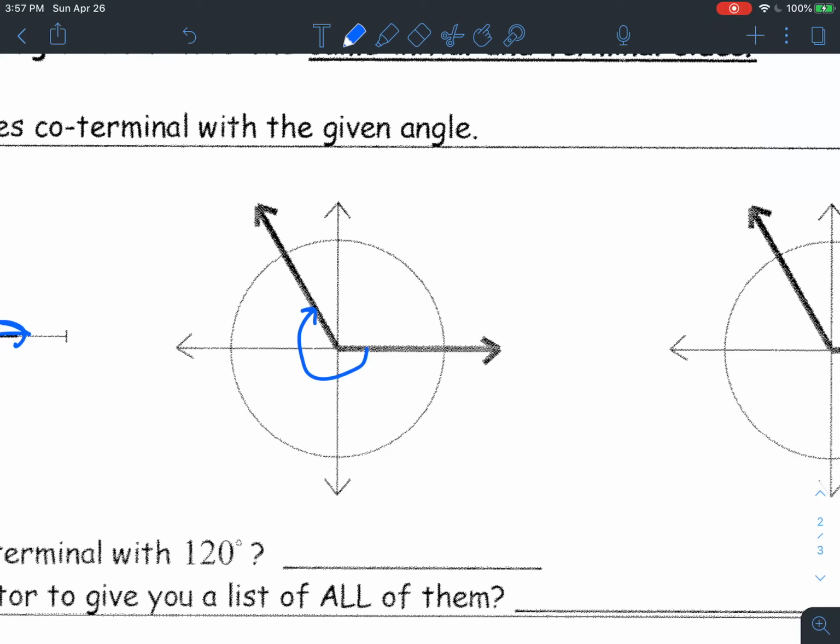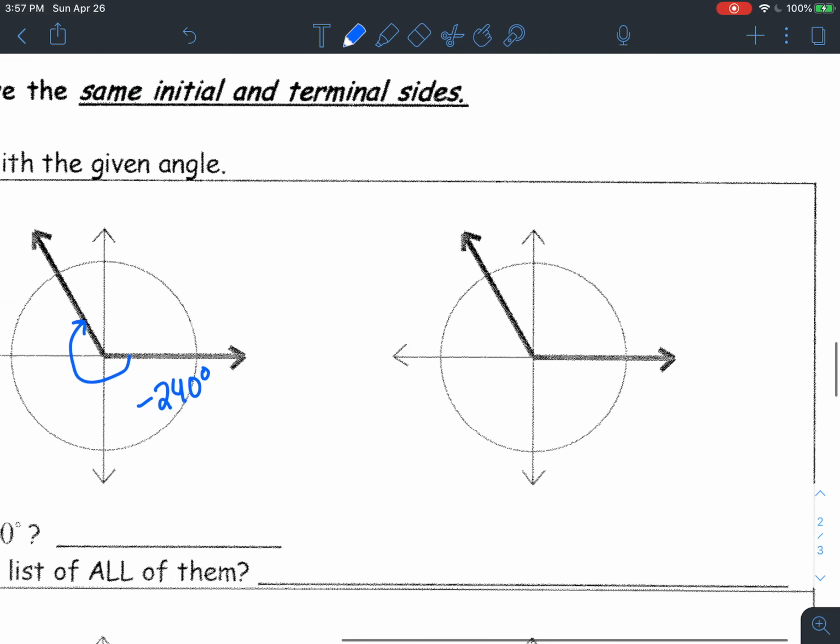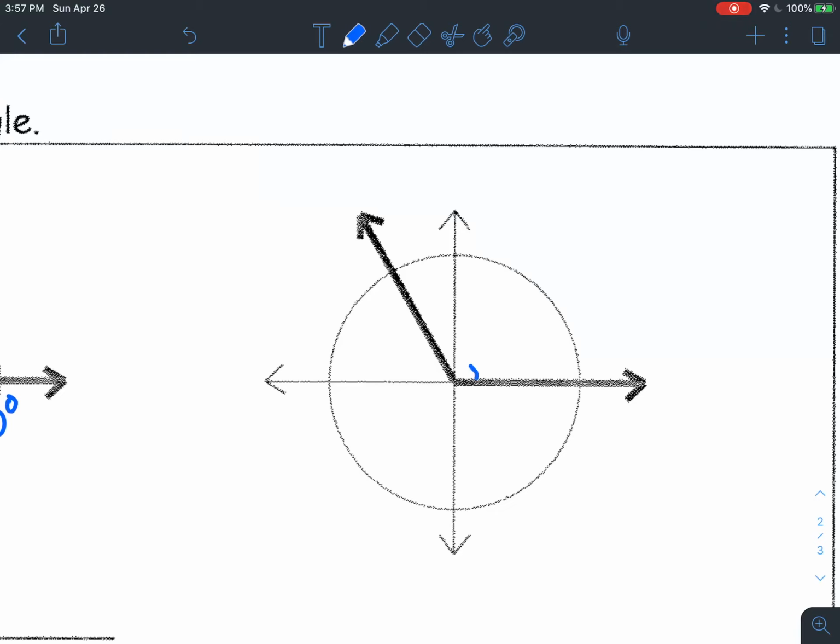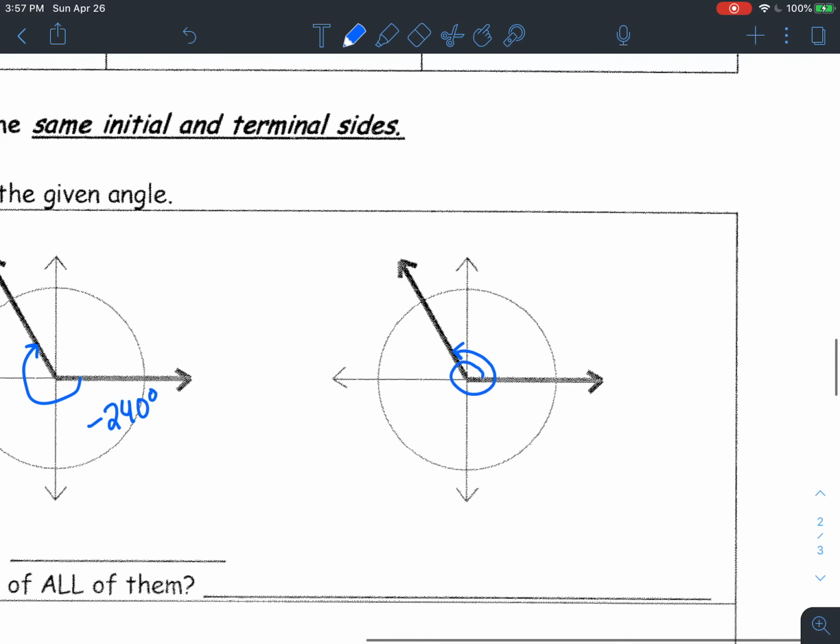So instead of going positive 120, I could go backwards 240 degrees. Another thing I could do is, like I talked about earlier, you could do one full rotation and then keep going to get back to 120 degrees.